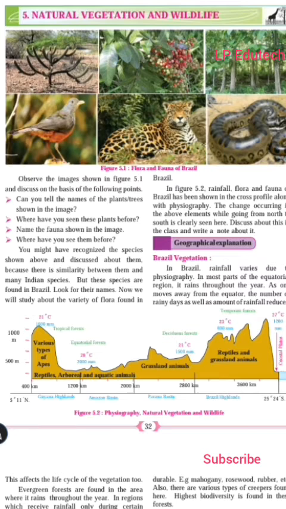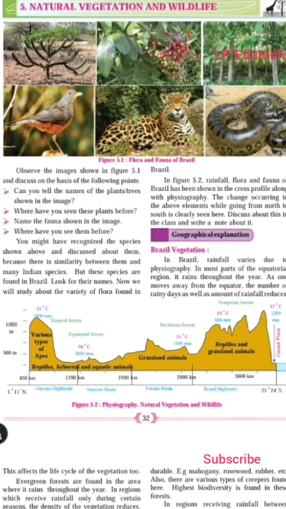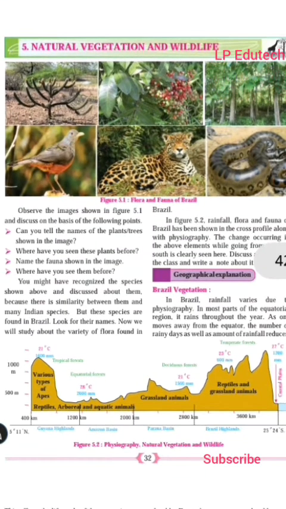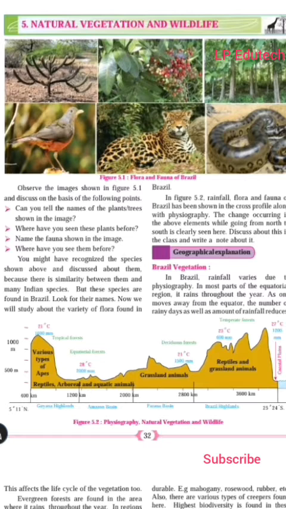Second, coffee trees can be seen in the hill tracts of the South Indian states, for example Karnataka, Kerala and the Nilgiris in Tamil Nadu. And number 3, the teak tree, can mainly be seen in regions which receive rainfall between 1000 mm and 2000 mm. It is found in the Western Ghats. So these are the features of these.